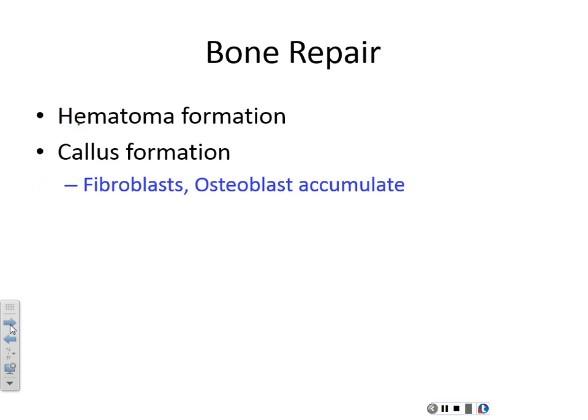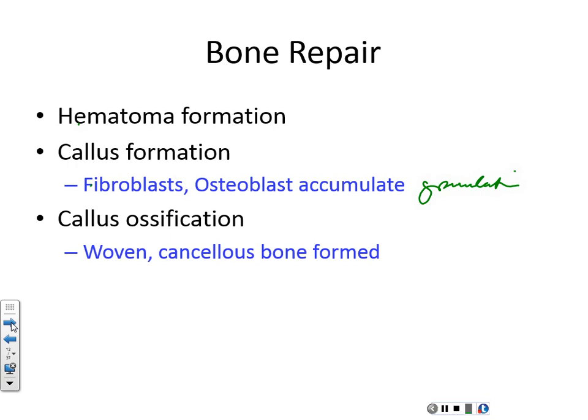All it is, is forming granulation tissue, and granulation tissue has with it fibroblasts, osteoblasts, all the cells that make up the matrix. Okay, to lay down the bone, osteoblasts and all of them accumulate, and this is the granulation part. Granulation tissue forms. It's pretty much a combination of all these cells that will produce the matrix. That's all it is.